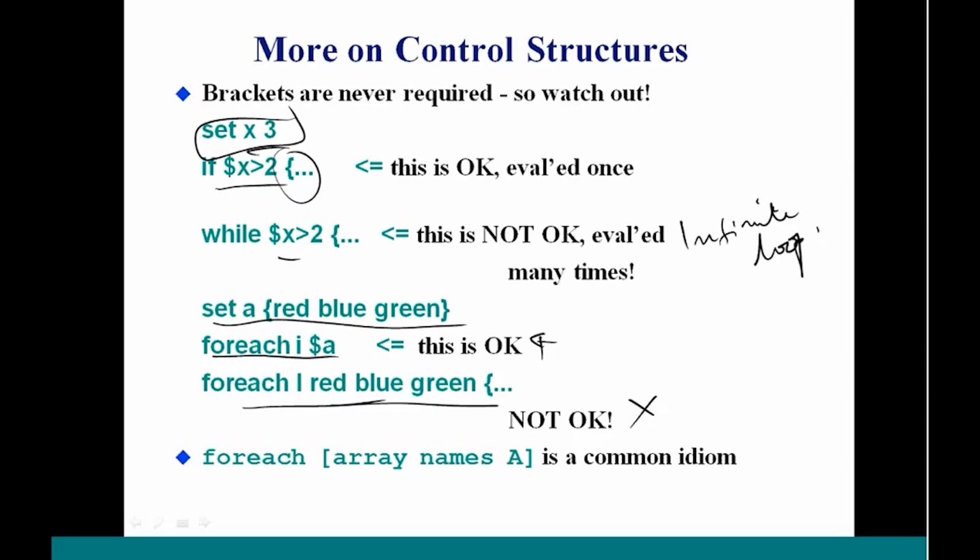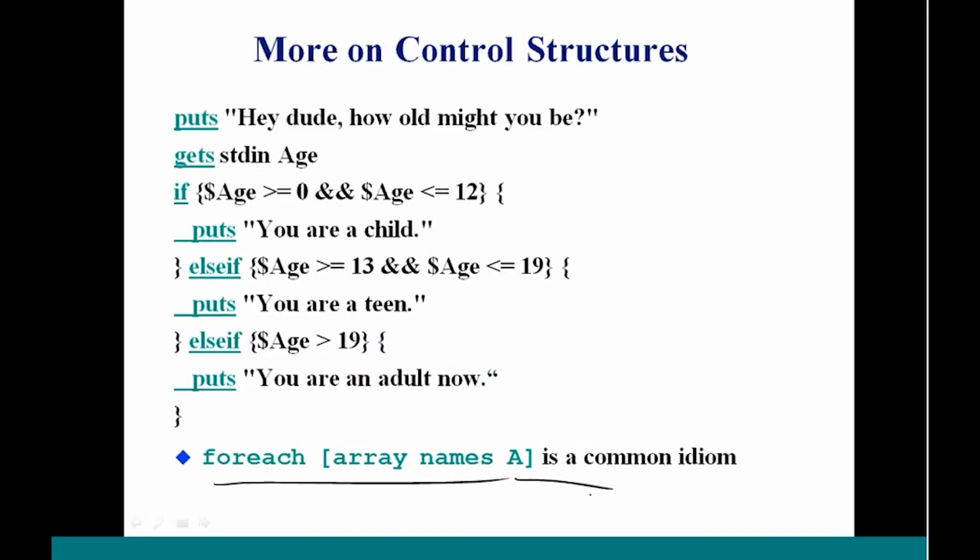It errors out because it gets confused, as we know that foreach has just 2 arguments, 1 and 2. So once it sees more words, it errors out. And then foreach over array names A is a common idiom in Tcl.